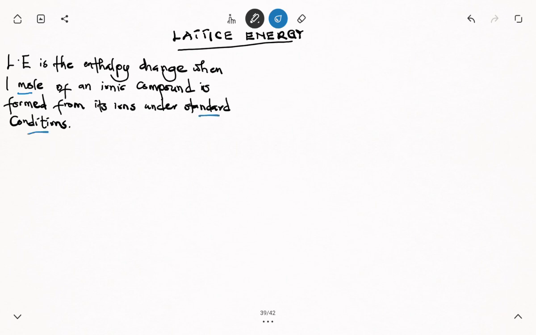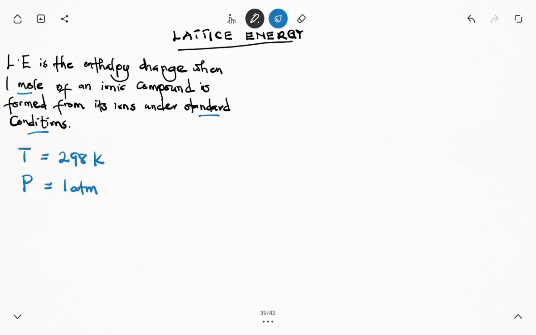So, the terms I've underlined are very important. You have to state that you are dealing with 1 mole, you are forming 1 mole of ionic compound, and it has to be under standard conditions. Standard conditions here has to be a temperature of 298 Kelvin and a pressure of 1 atm or 101 kilopascal.